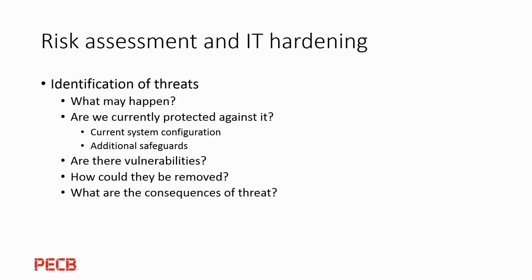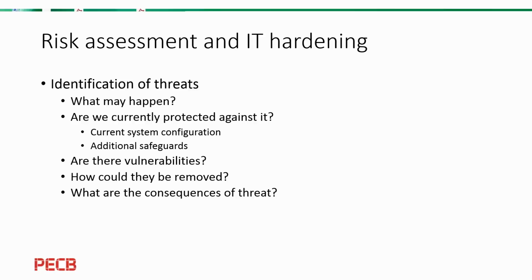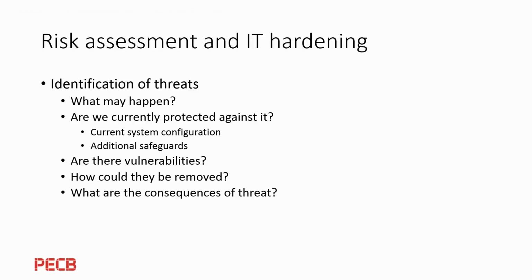So, are there any vulnerabilities due to misconfiguration, or to the lack of additional external safeguards? For example, if we are considering operating system configuration and we are discussing vulnerabilities, it doesn't deal only with the configuration of this operating system, but also with the environment in which it is working, for example a network infrastructure.